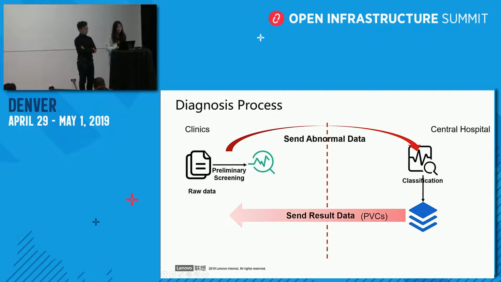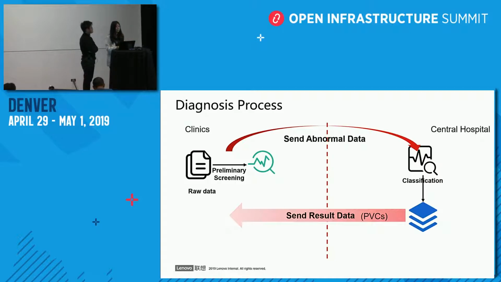First, in the remote clinics, we do the preliminary screening for heart disease using the coarse-grained deep learning models. If the preliminary screening result is normal, which means that the users don't have heart disease, it will return the result quickly. But if the result is abnormal, then we will need the second step.